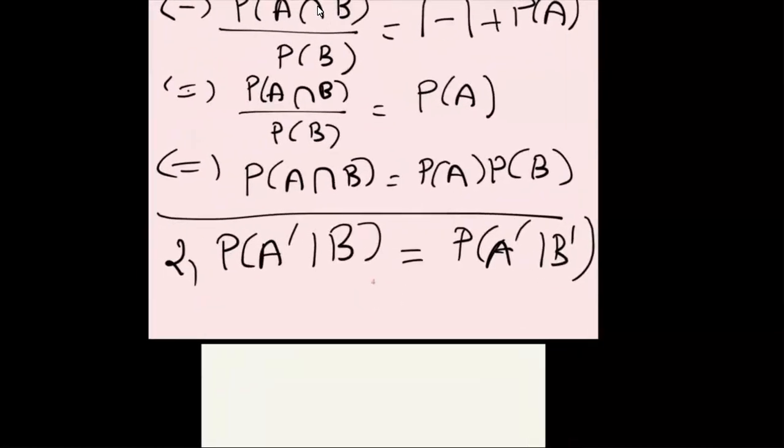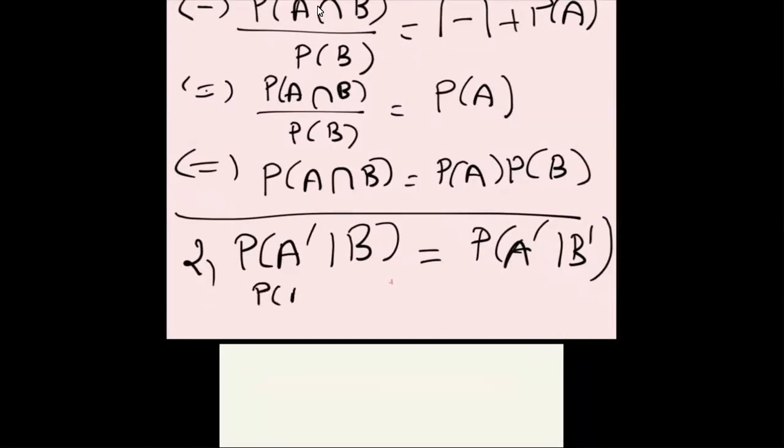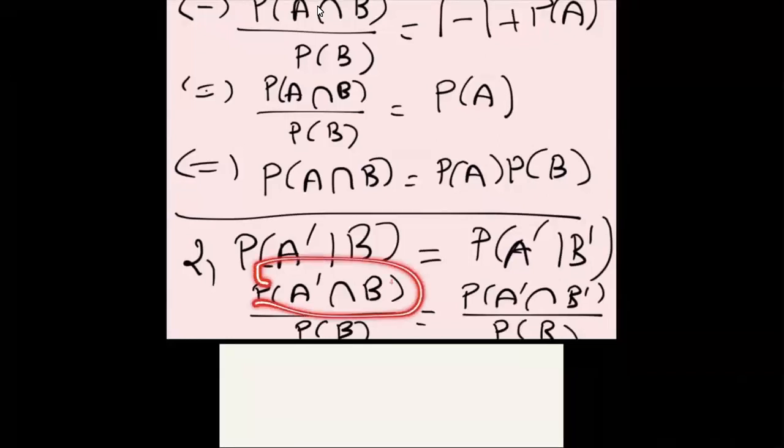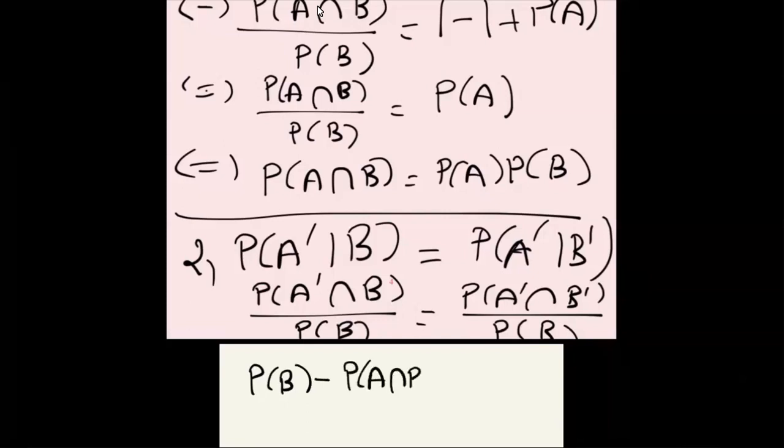What you can do is use conditional probability on each side. Here, I have probability of A complement intersect with B is the same as probability of B minus probability of A intersect with B. I hope you see why.